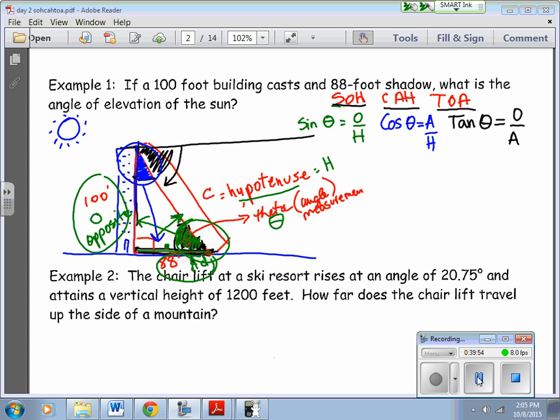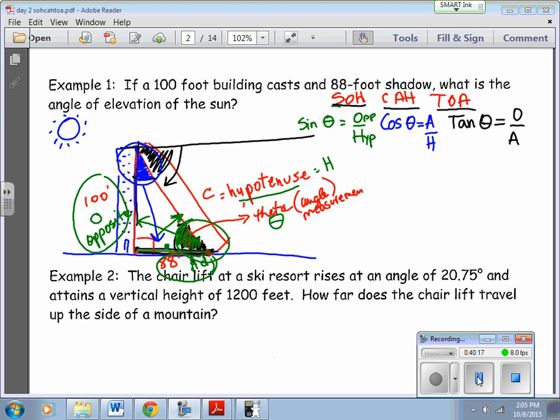So I want you to take a look at sine is O over H. O means opposite, H means hypotenuse. Out of these three, I need the one that has opposite and adjacent in it.